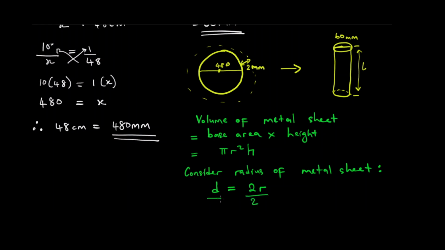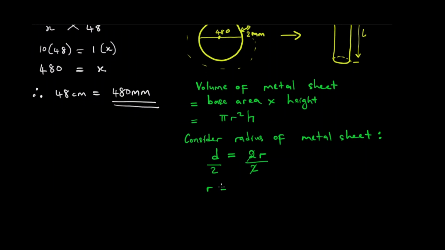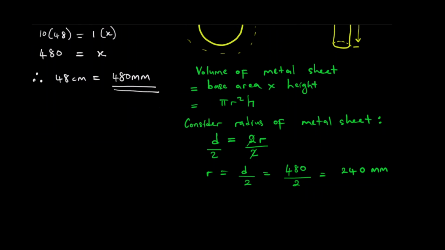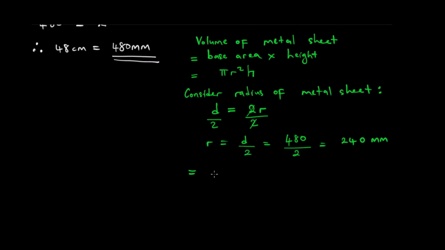If we divide both sides by 2, it means half of the diameter is the radius. The radius is equal to d over 2. The diameter is 480 millimeters, so we divide it by 2. What do we get? 480 divided by 2 gives 240. So it's 240 millimeters. That is going to be the radius. Knowing this radius, we can say this is equal to pi times our radius, 240 squared.